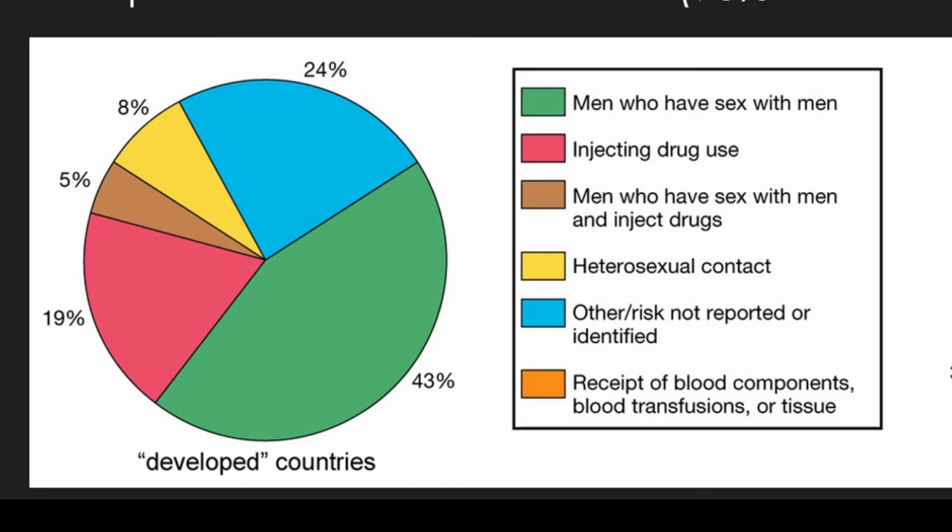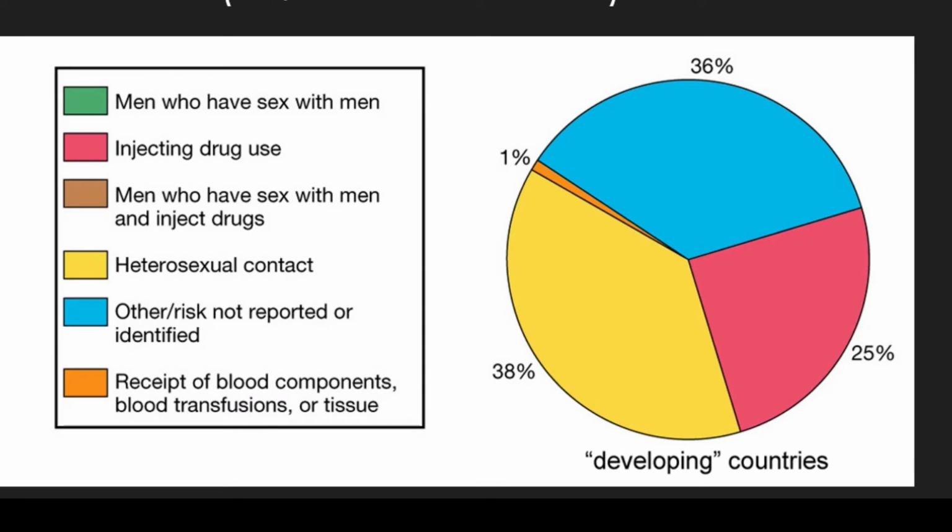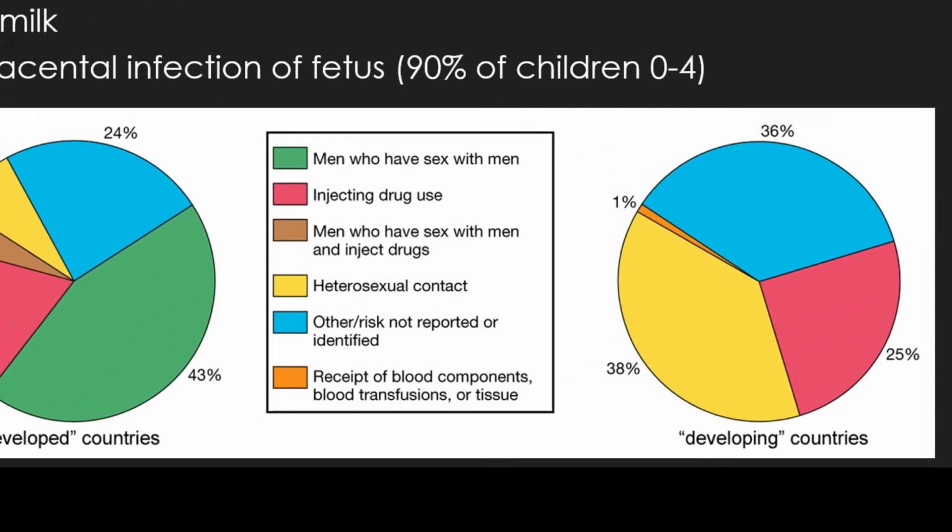And you'll notice heterosexual contact accounts for very little of the new HIV cases, whereas in developing countries, heterosexual contact accounts for over 1/3. So what you see in developed countries is men who engage in what's called receptive anal sex contracting HIV at a very high rate.